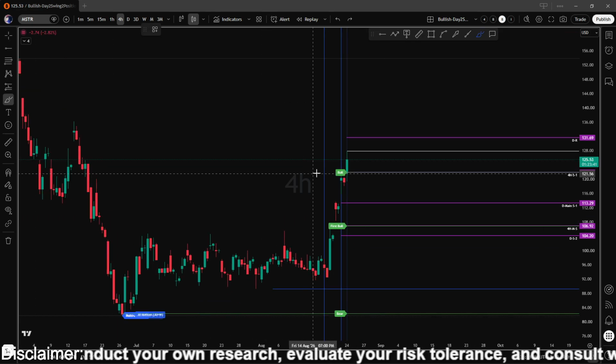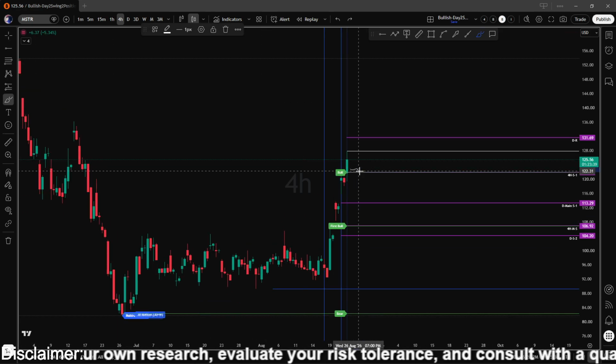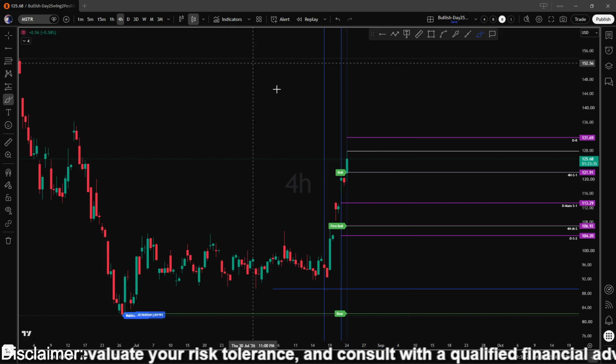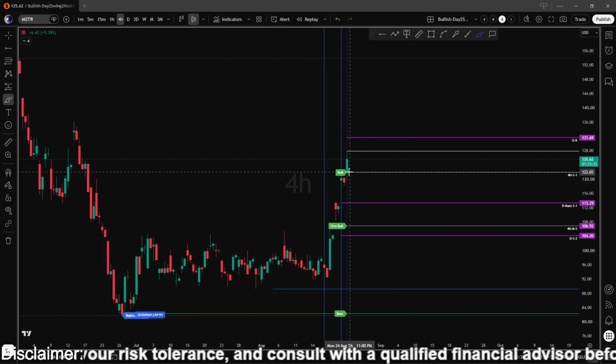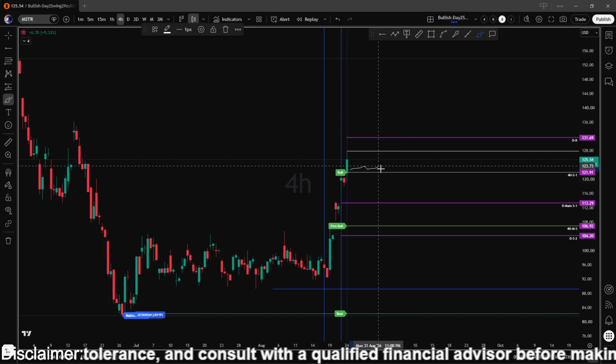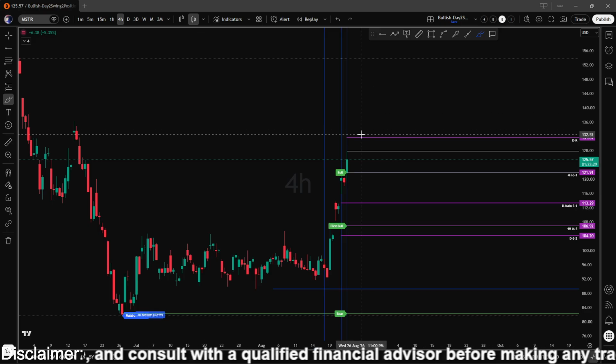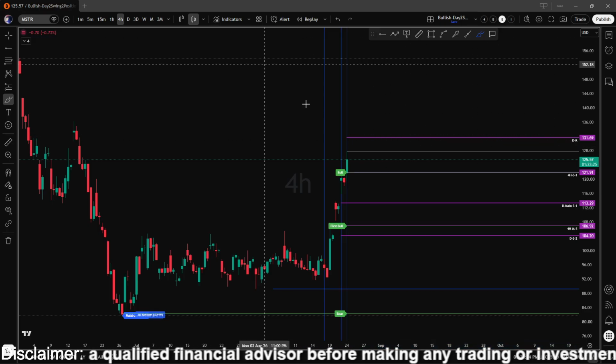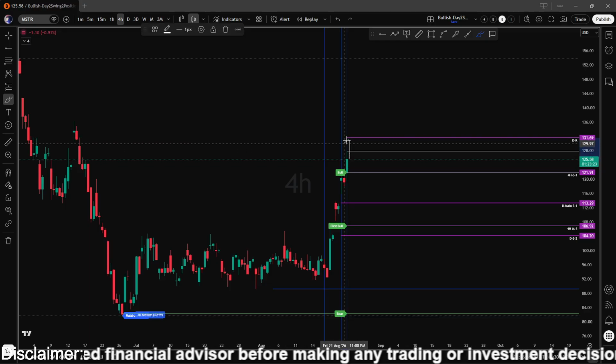For this to happen, price has to keep on trading above this level. And if the price keeps on trading above this level, then this is one of those daily time frame levels where the price is going to get a rejection.